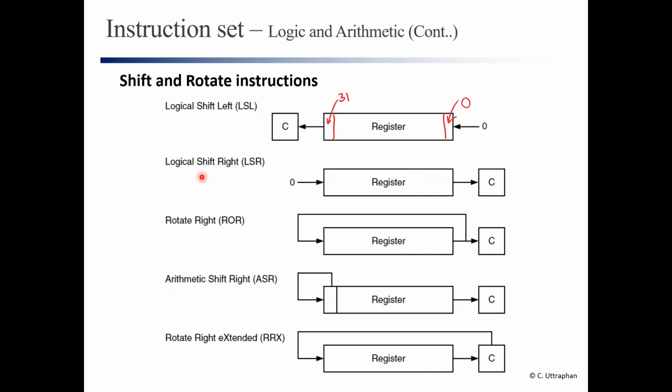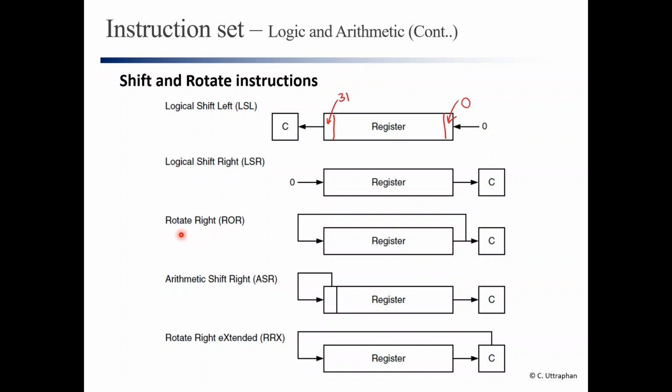Meanwhile, for the logical shift right or LSR, the shift direction is to the right, where the bit that is shifted out from the LSB will be copied to the carry flag, and logic 0 will replace the MSB that is shifted from bit 31 to bit 30.